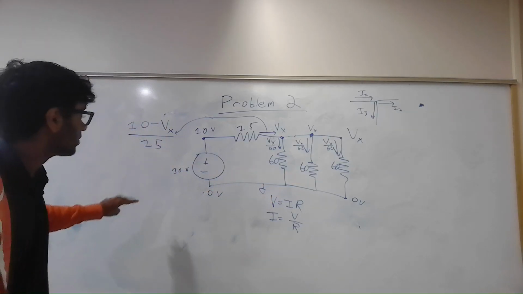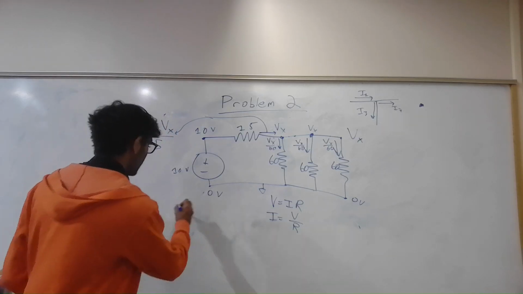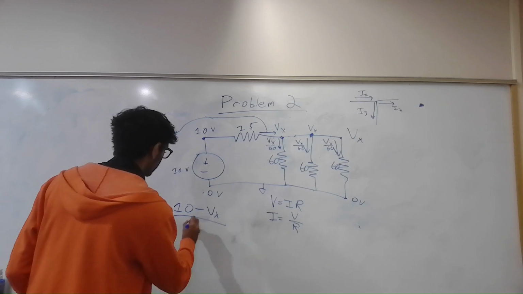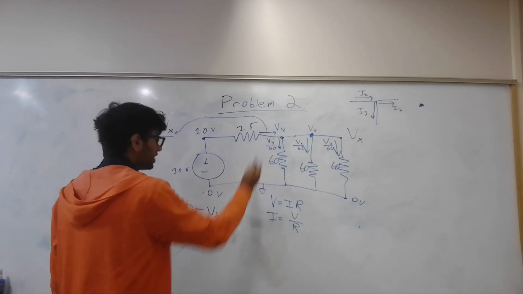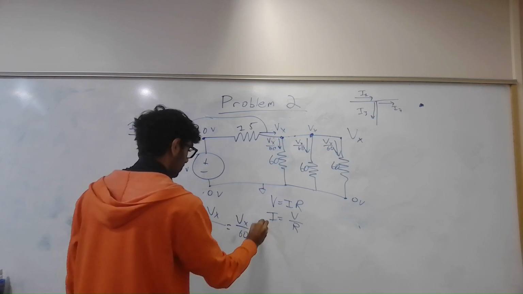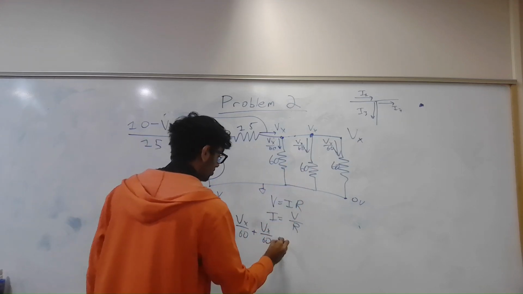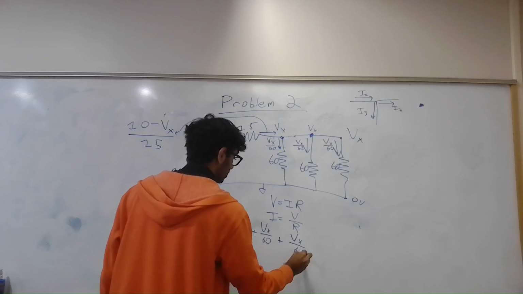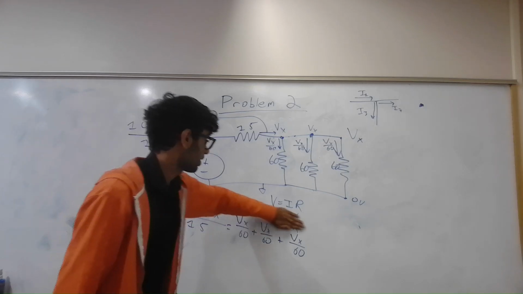So that means we can just write that 10 minus Vx over 15 equals Vx over 60 plus Vx over 60 from this branch plus from this branch, Vx over 60. Again, what goes in must come out, okay?